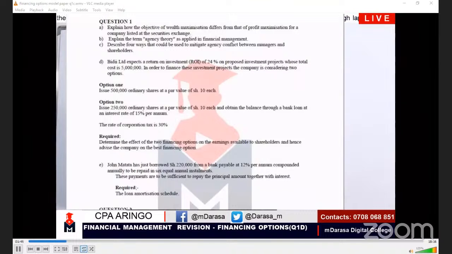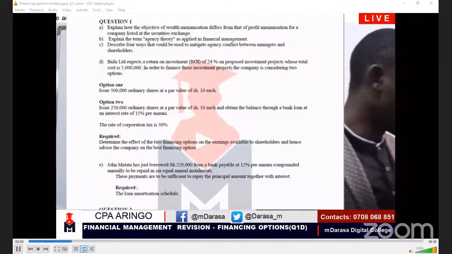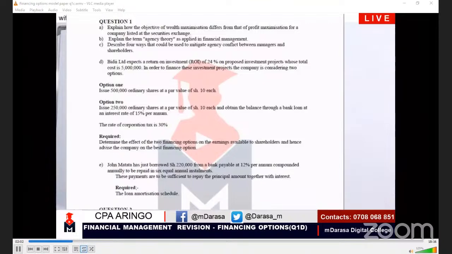Number 2 is to issue 50,000 ordinary shares at a par value of 10 and obtain the balance through a bank loan at an interest rate of 15% per annum. The rate of corporation tax is 30%. The question wants us to determine the effect of the 2 financing options on the earnings available to shareholders, and hence advise the company on the best financing option.